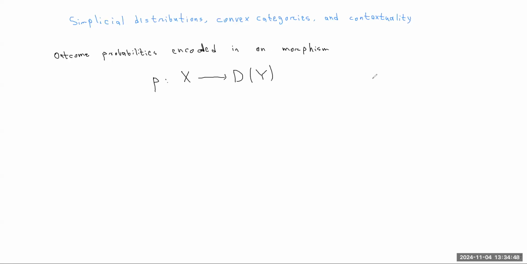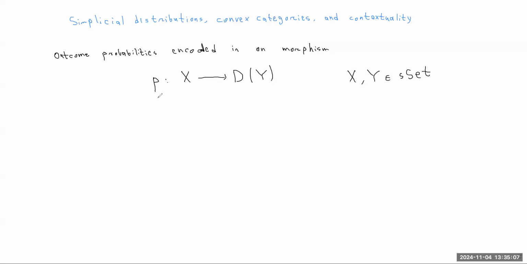Here x is a morphism in simplicial sets. So x is a simplicial set, and y is a simplicial set. Let's say this is the category of simplicial sets. Both of them are in simplicial sets, and this morphism is also in simplicial sets.